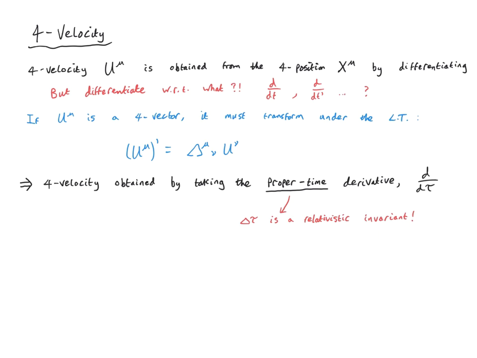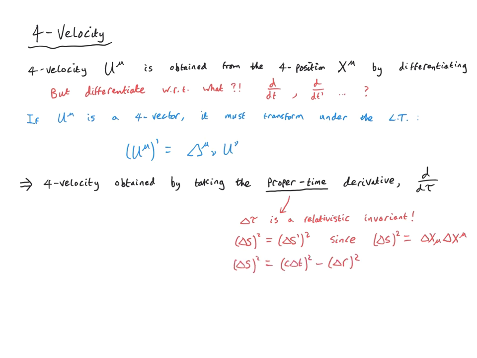This can itself be seen from the relativistic invariance of the spacetime interval delta s squared. That's because delta s squared is equal to delta s primed squared in any reference frame, following from the fact that delta s squared is itself this contraction over these 4 vectors, and we've just proved that that object is relativistically invariant.